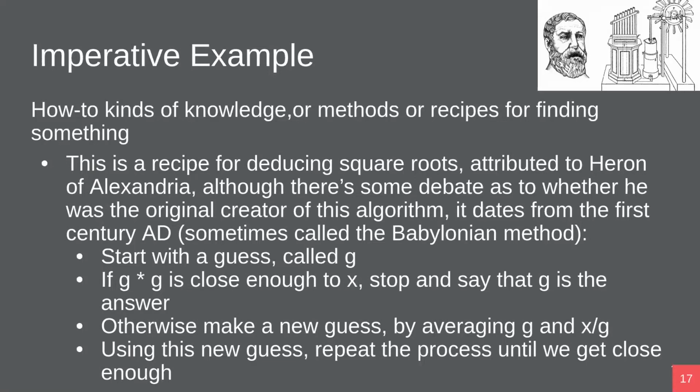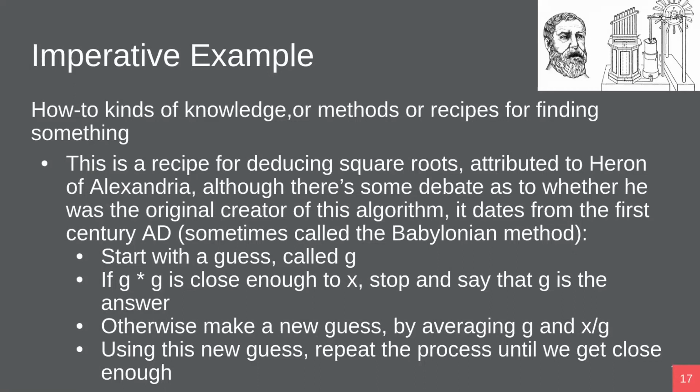So this Babylonian method will allow us to work out a square root of a number. And by doing this, we follow through a series of steps. Now, we need to start with a guess called G. If G times G is close enough to X, and X is what we're trying to work out the square root of, then stop. That's the answer.